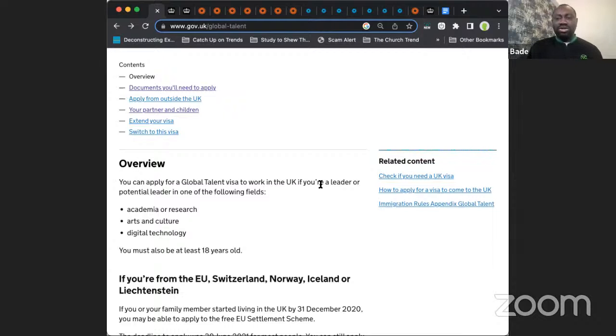In the UK today, there's over 100,000 jobs that are vacant and they are not able to fill. I'll say that again, over 100,000 jobs that are vacant and they are unable to fill. So they know that they cannot fill these jobs as of today. And that's the reason why the Global Talent Visa and similar visa opportunities have been created.